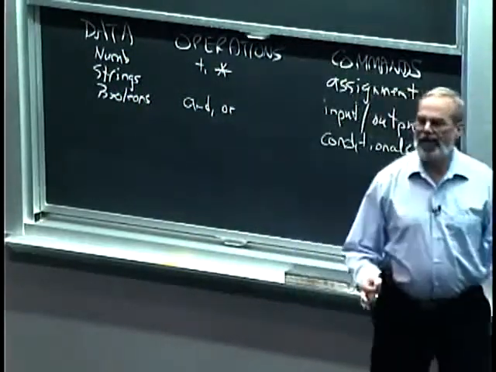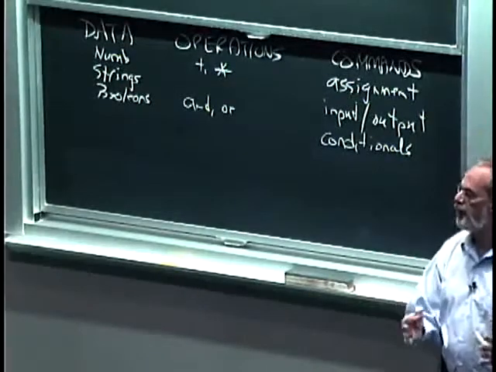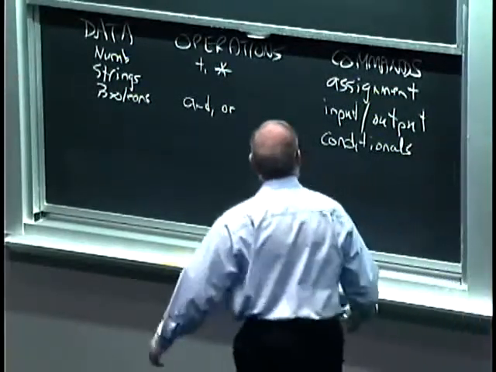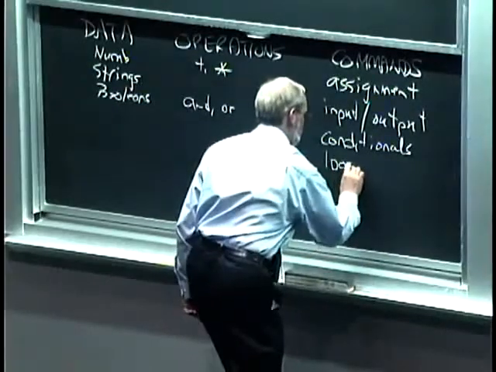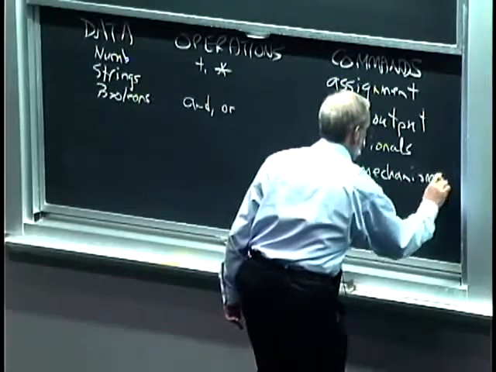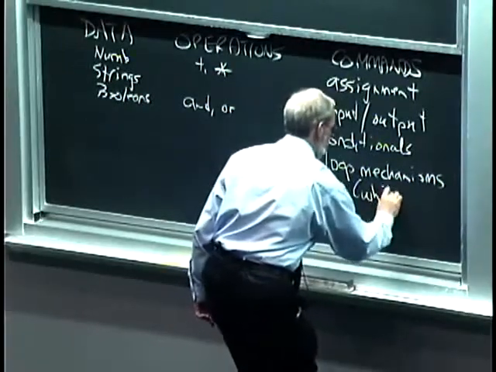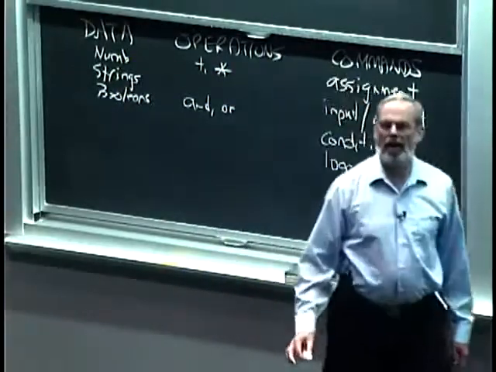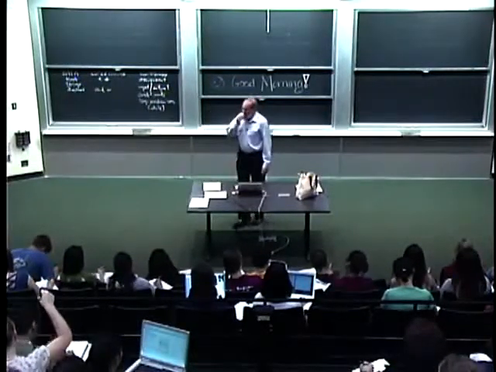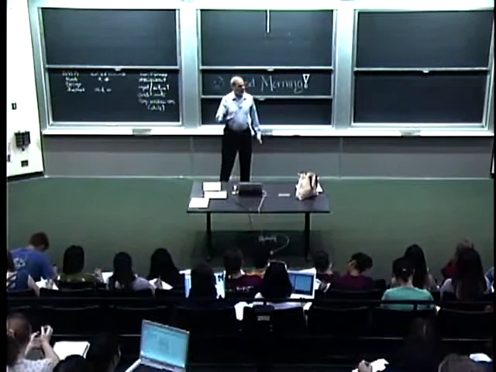Or said another way, branches, ways of changing the flow of control through that sequence of instructions we're building up. And the last thing we added were loop mechanisms. And here we saw while. It's the first example we've seen. That's what we've done so far.